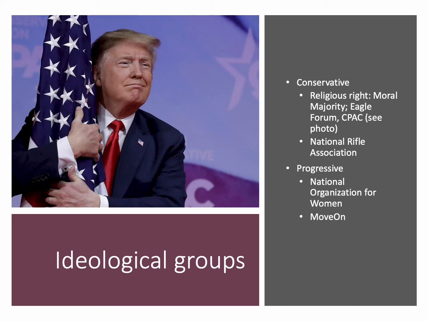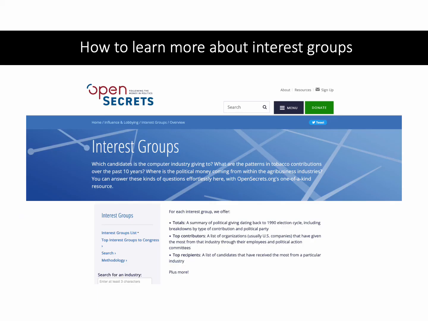And I put the NRA as a gun control organization, yes, but they have also become much more ideological in recent years, where they started to focus more on a broader range of ideological issues affiliated with the Republican Party. On the progressive side, or the liberal side, the National Organization for Women and MoveOn.org and other organizations are in support of a broader range of progressive or liberal ideological issues.